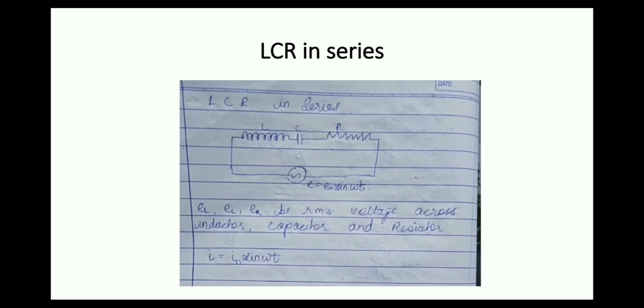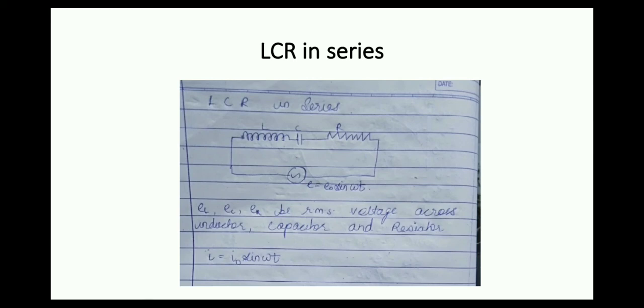As R, L and C are in series, the current at any instant through these three elements has the same amplitude and phase and is given by I equals I0 sin omega t.